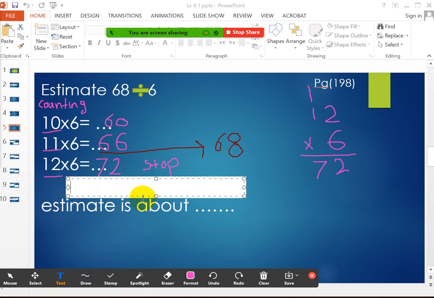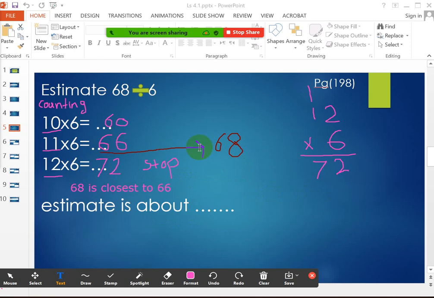I will write it for you. 68 is closest to 66, because the difference between 66 and 68 is only two, but the difference between 68 and 72 is 4. So this number is close to 66.